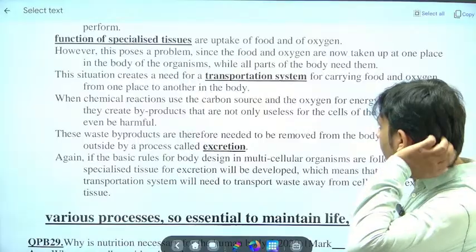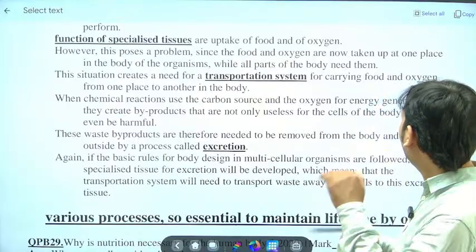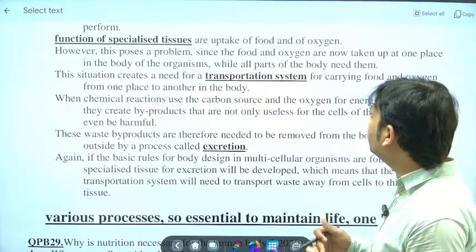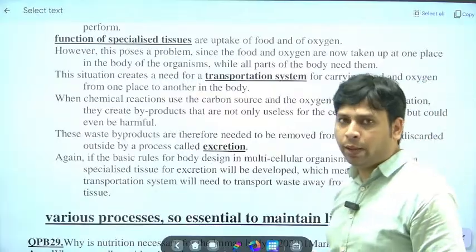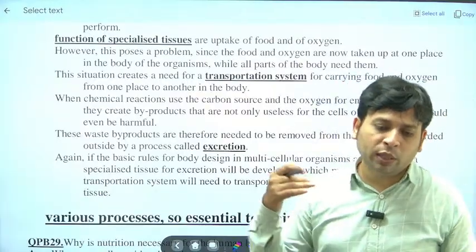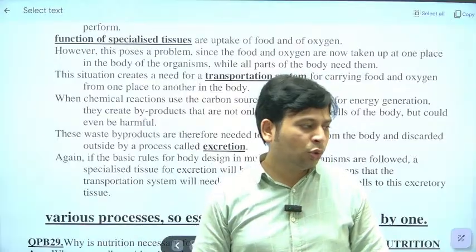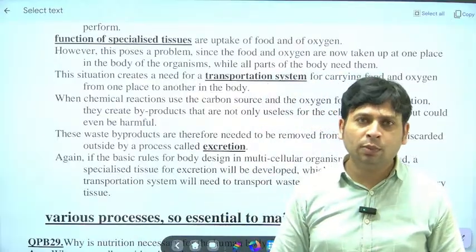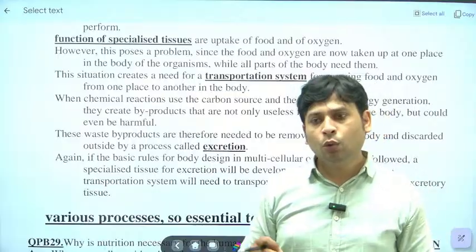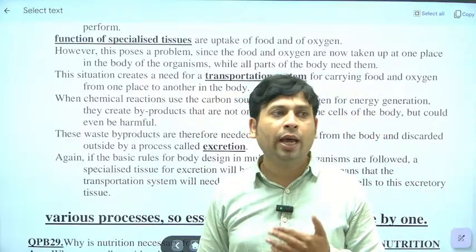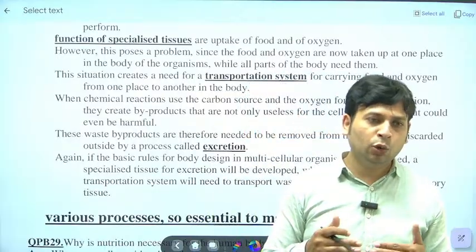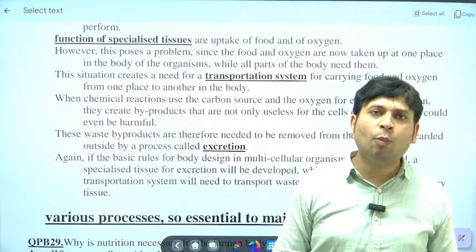However, this poses a problem since the food and oxygen are now taken up at one place in the body of the organism, but they have to go to the different parts of the body. So there is a need of a transportation process to carry the energy or the nutrients to every cell of our body.